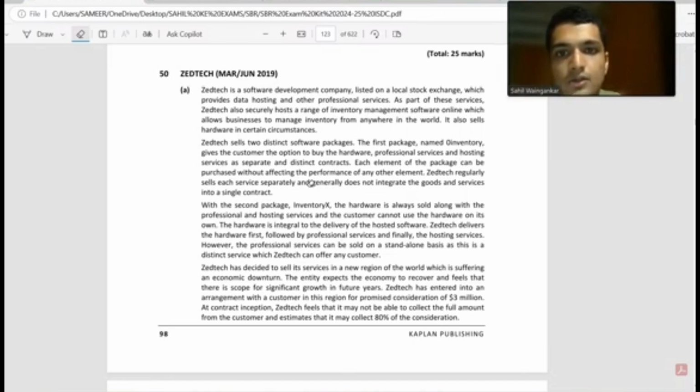Zedtech sells two distinct software packages. The first package, named Zero Inventory, gives the customer the option to buy the hardware, professional services, and hosting services as separate, distinct contracts. Each element of the package can be purchased without affecting the performance of the other element. Zedtech regularly sells each service separately and generally does not integrate the goods and services into a single contract.